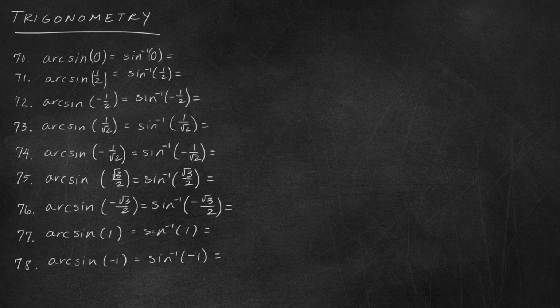Number 70, what's the arc sine of 0? So the question you want to ask is, the sine of what angle equals 0? Well, the sine of 0 equals 0. Now, there are other angles whose sine equals 0. For example, the sine of pi equals 0. The sine of 2 pi equals 0. So how do we know which one is the right one? Well, the arc sine function has a fixed domain and range.